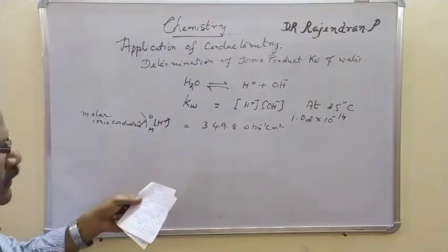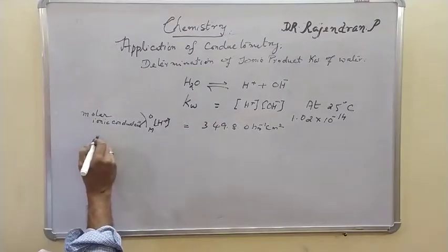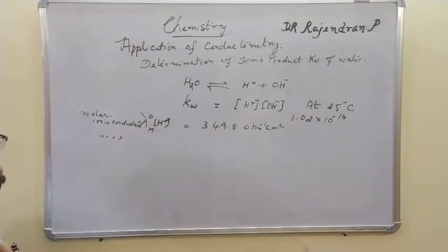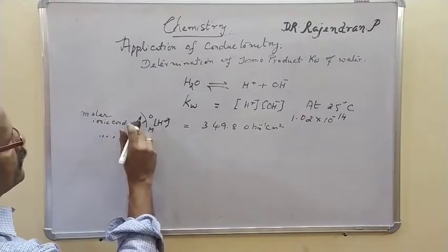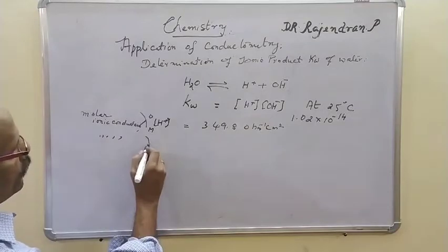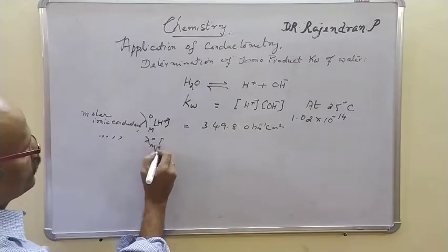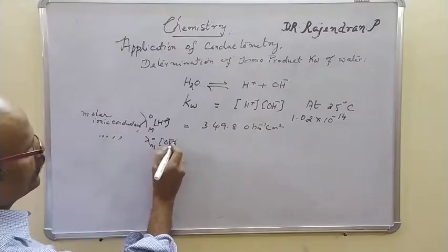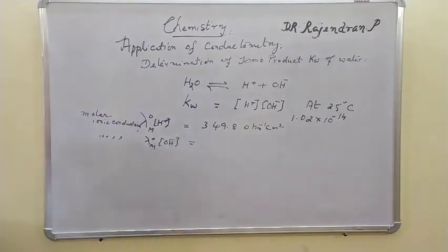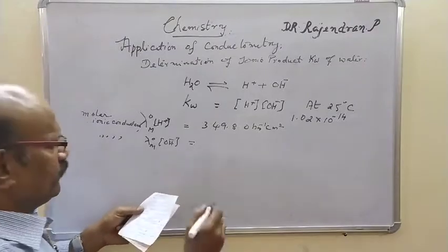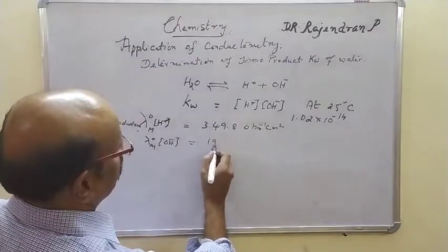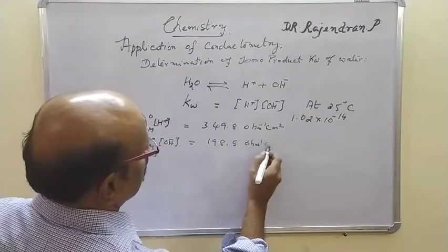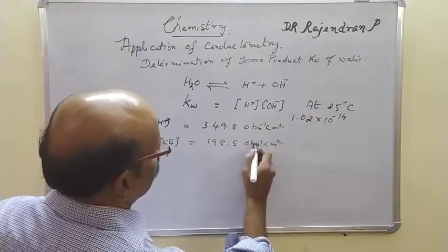And the molar ionic conductance at infinite dilution of OH minus ion, which can also be considered at the infinite dilution stage, is found by conductometric measurement to be 198.5 ohm raised to minus 1 centimeter square.